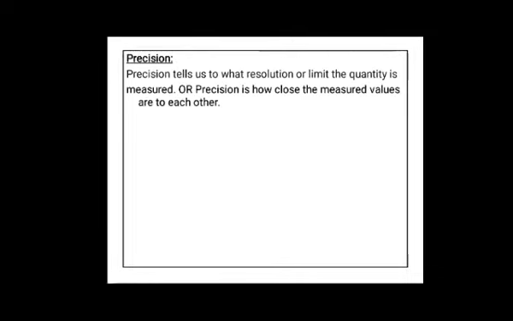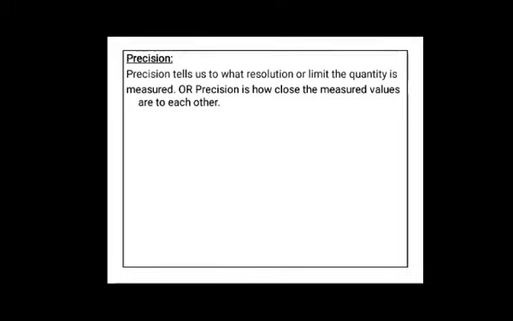Precision tells us to what resolution or limit the quantity is measured. I hope you have heard the word resolution. Usually resolution is for measuring instruments. So resolution is very high, especially for a telescope. If resolution is high, you can see the objects very clearly, correct?